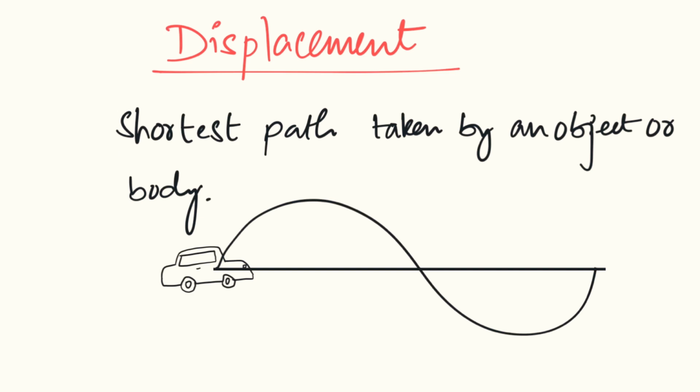What is the displacement here? Join the initial and final points by a straight line, then you can see this is the displacement. Initially the car has considered the path like this, but if you want to join the initial and final points by a straight line, then this will be the path. And in this path you can see there is a displacement, or this is the shortest path, right?